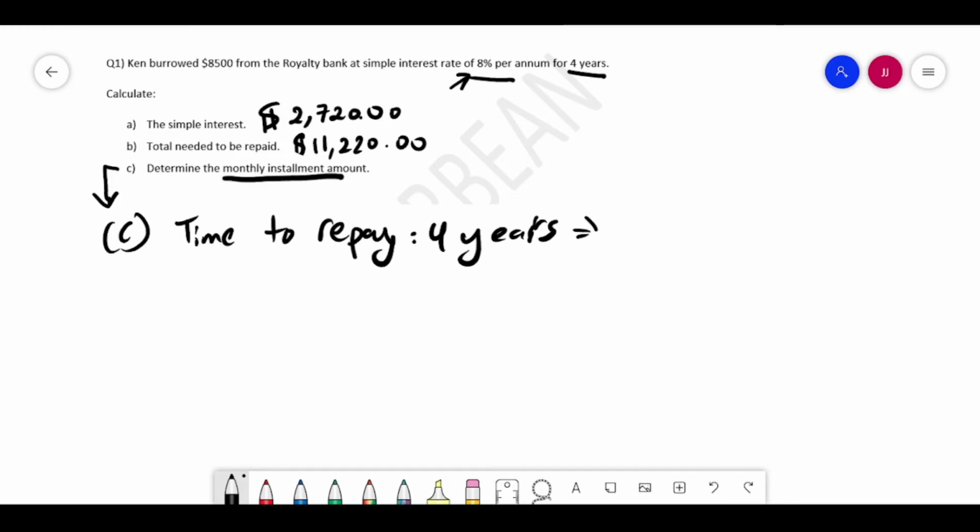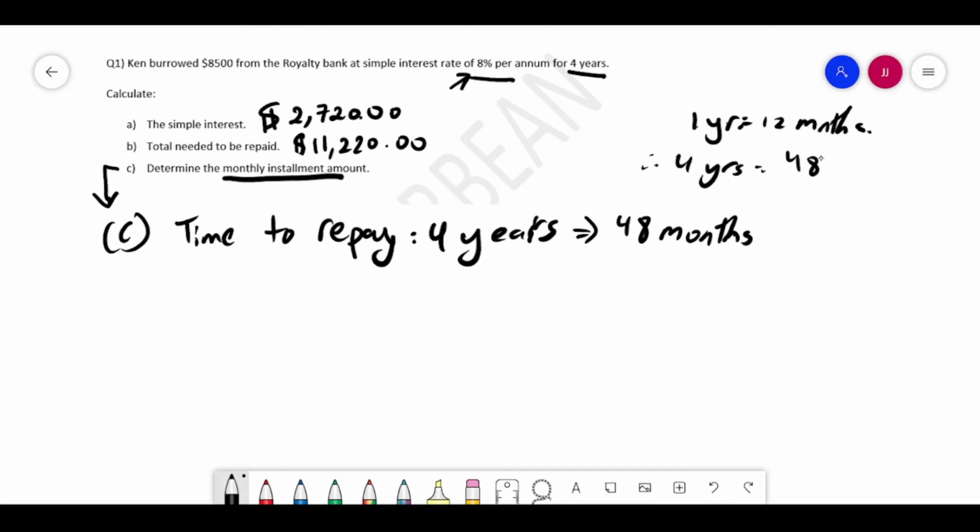So we know 4 years is 48 months, right? 1 year equals 12 months. Therefore, 4 years equals 48 months. Understood? So, let's get back down to this.